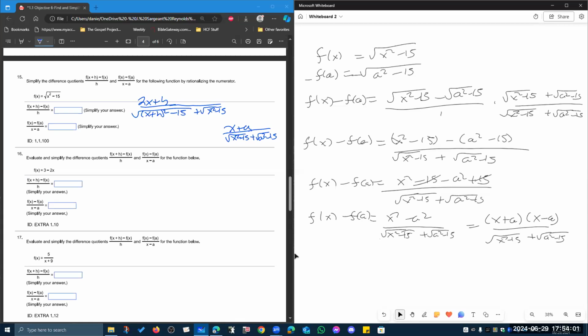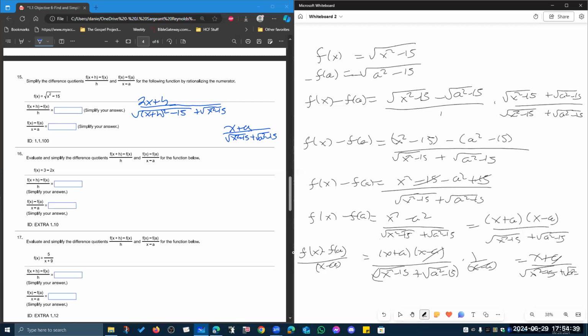It's time now to divide by x minus a. That leaves me with x plus a over root x squared minus 15 plus root a squared minus 15.